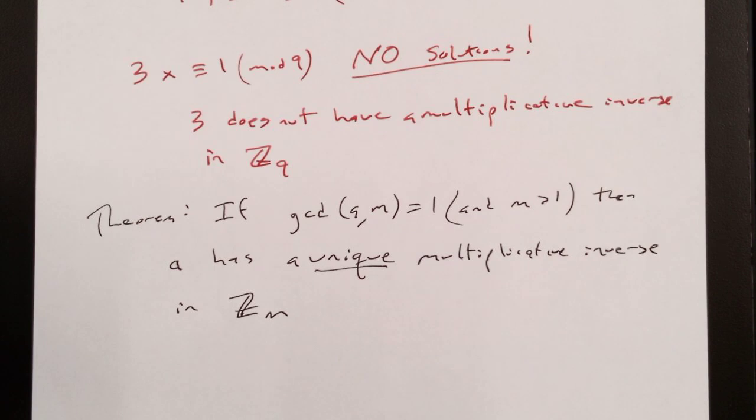I am going to prove this theorem. And the proof comes from Bézout's coefficients. The whole reason for me to do that S and T garbage from Wednesday is to do this.